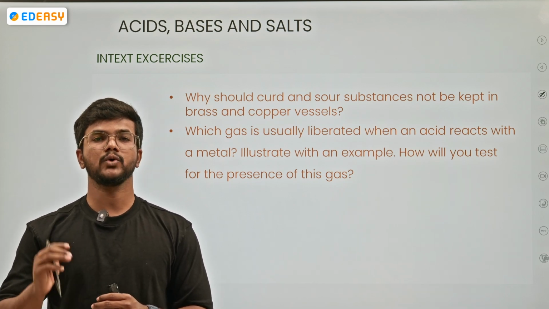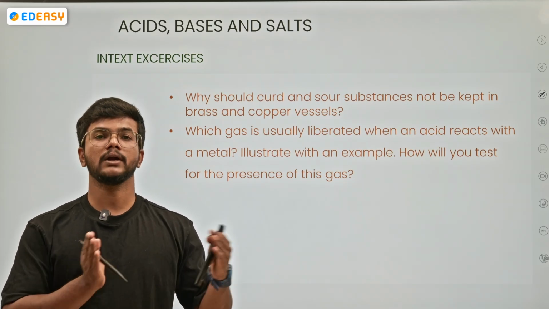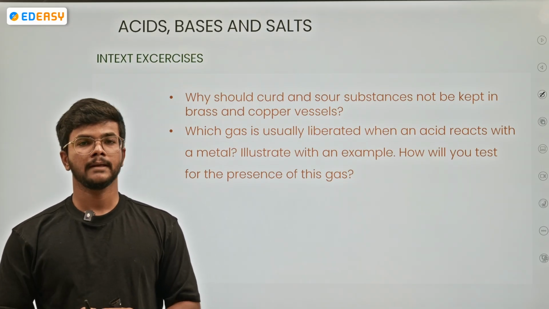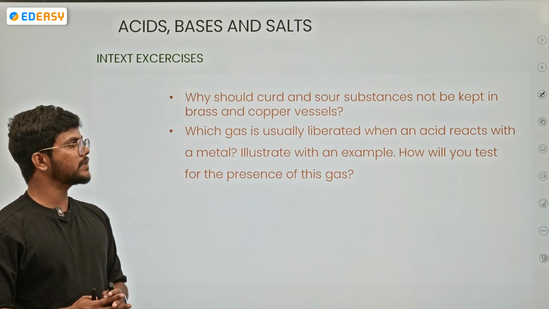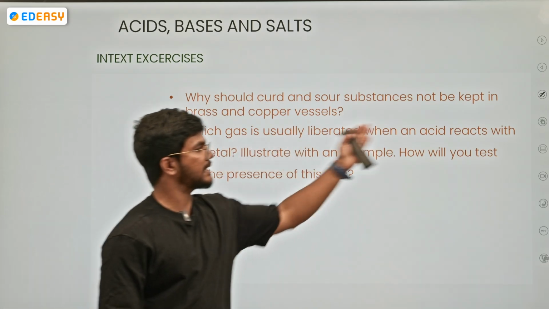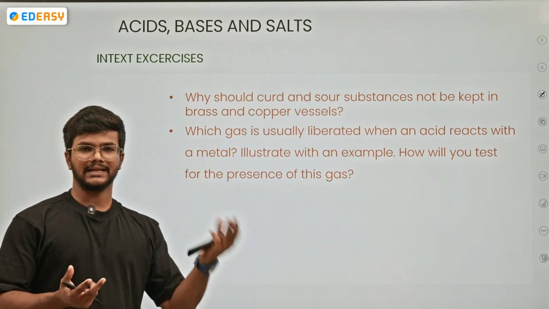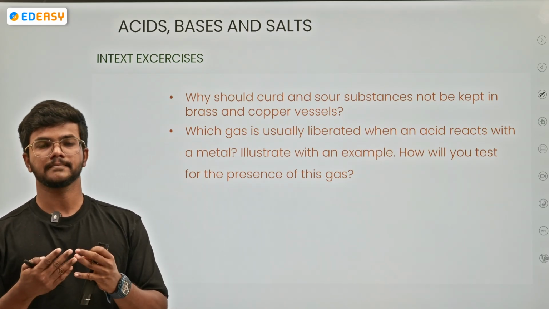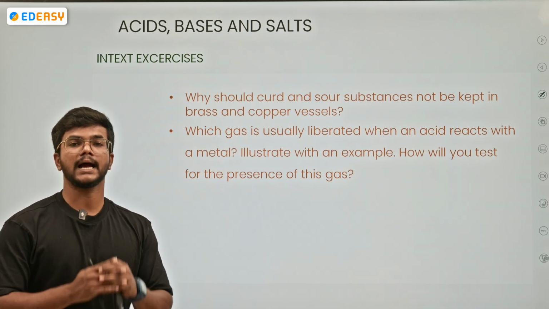We have to use containers which do not react with the metals. Next, which gas is usually liberated when an acid reacts with a metal? We already know that when a metal reacts with an acid, it gives hydrogen gas.